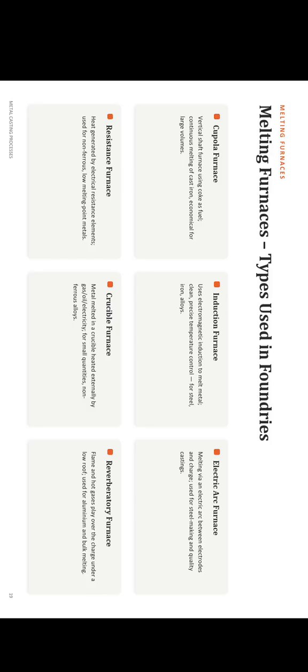Resistance furnace: heat generated by electrical resistance elements, used for non-ferrous low melting point metals. Crucible furnace: metal melted in a crucible heated externally by gas, oil or electricity, for small quantities of non-ferrous alloys. Reverberatory furnace: flame and hot gases play over the charge under a low roof, used for aluminum and brass melting.